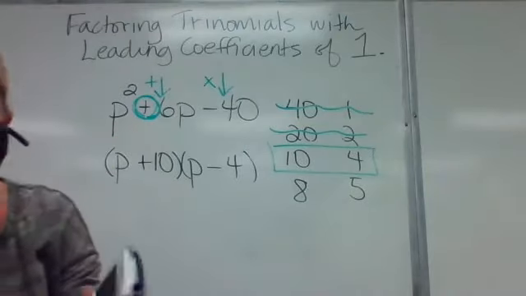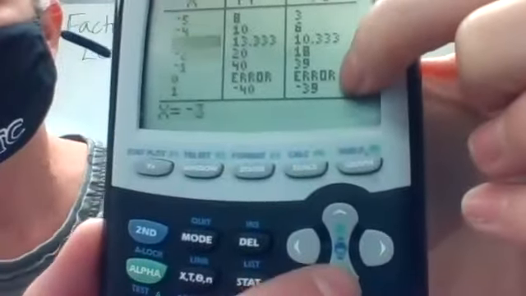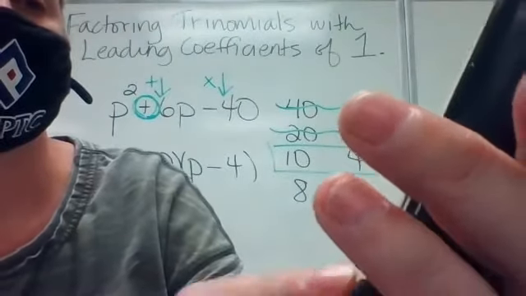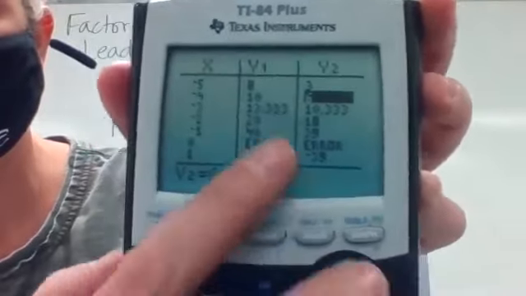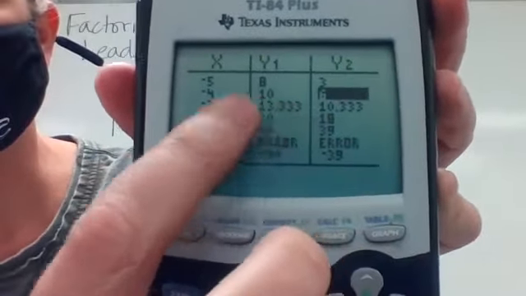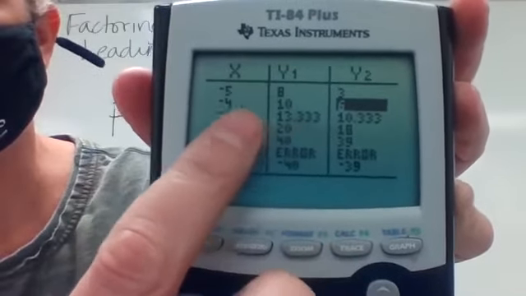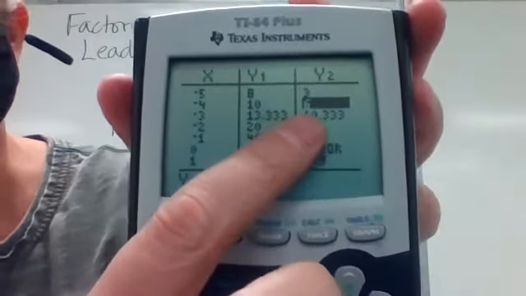So go scroll down or up, however you need to go to get this last column. So there's my positive 6. So guess what these first two columns are? They're the numbers that multiply to negative 40 and add to positive 6.